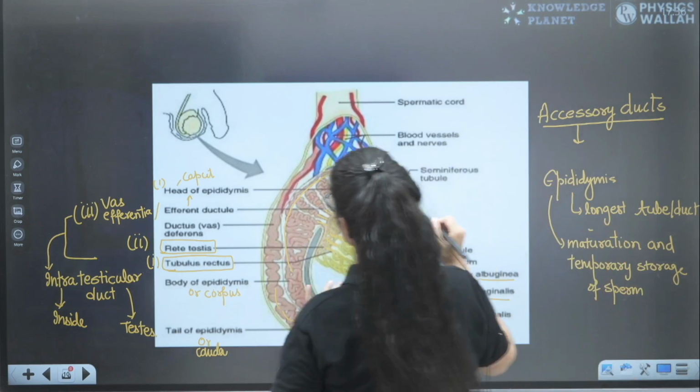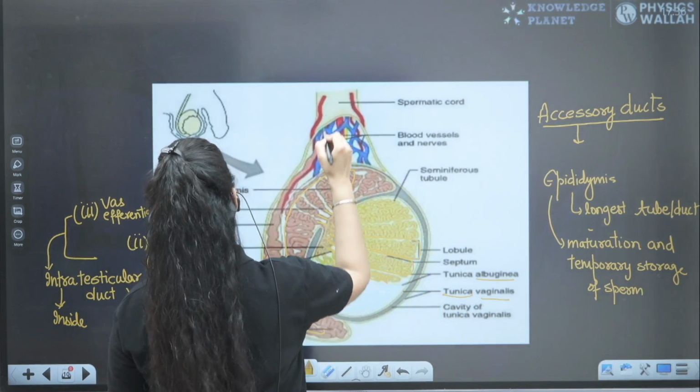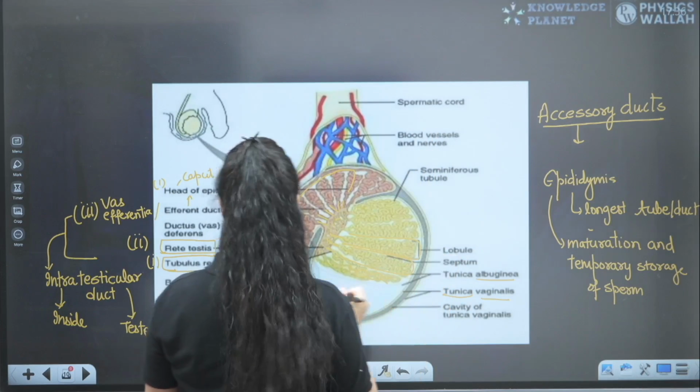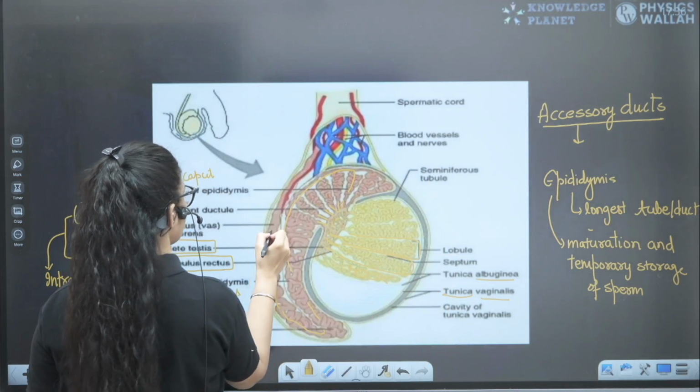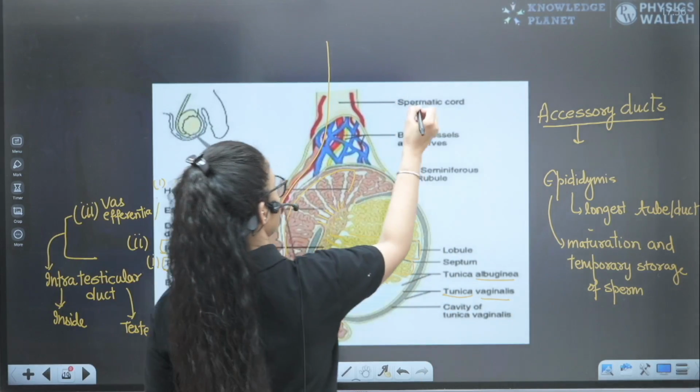Then the epididymis will finally open out into the vas deferens. This vas deferens tube will enter the abdomen via the spermatic cord.